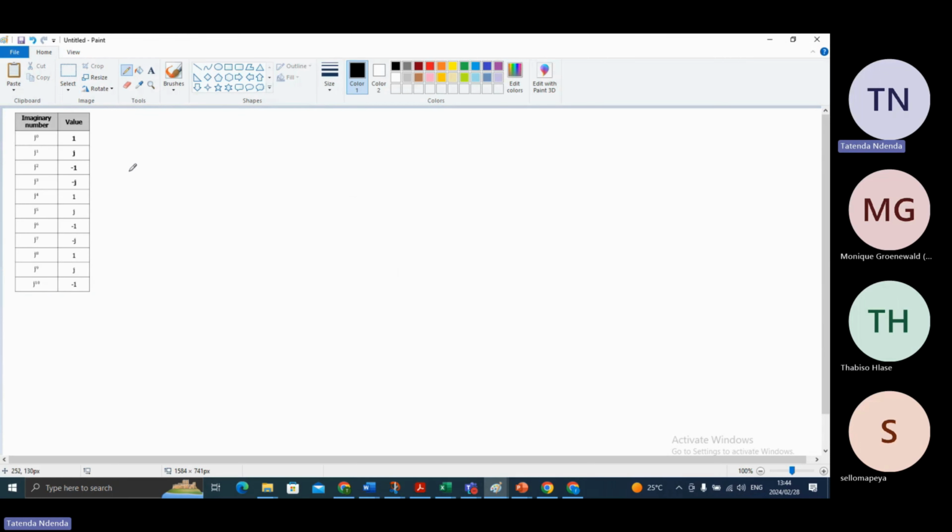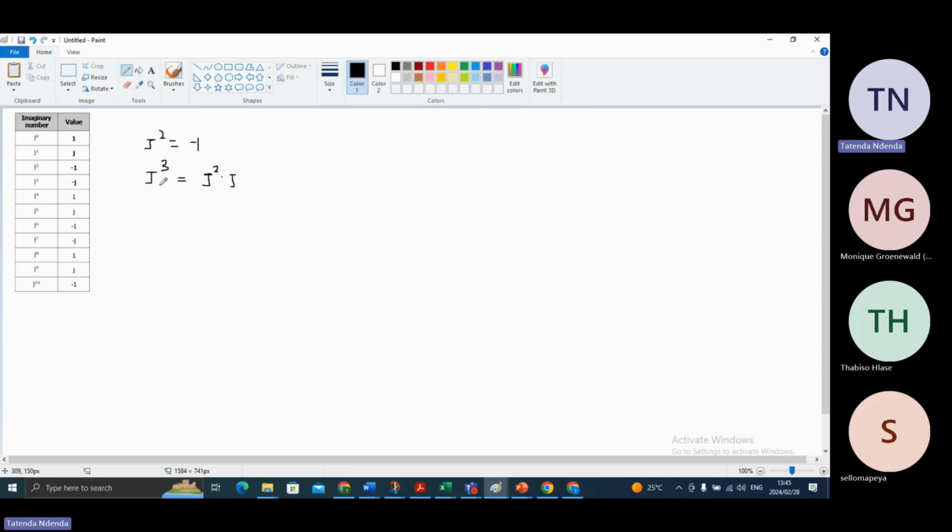So we are saying we might have j squared, right, is equivalent to negative 1. So if it's now j cubed, right? What's going to happen here is that we're having j squared multiplying j. We are together, right? Okay, what's the value of j? It's an imaginary number.